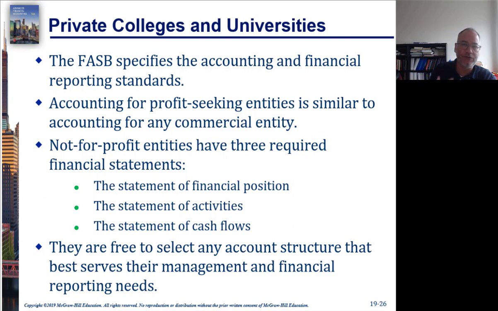And they're going to just use regular FASB GAAP, revenues minus expenses equals net income. Not-for-profit entities that are private, like Seton Hall, are going to fall under the regular FASB rules for private colleges and universities. And they're going to issue a statement of financial position, statement of activities, and statement of cash flows. They don't necessarily have to use fund accounting, but they usually do.